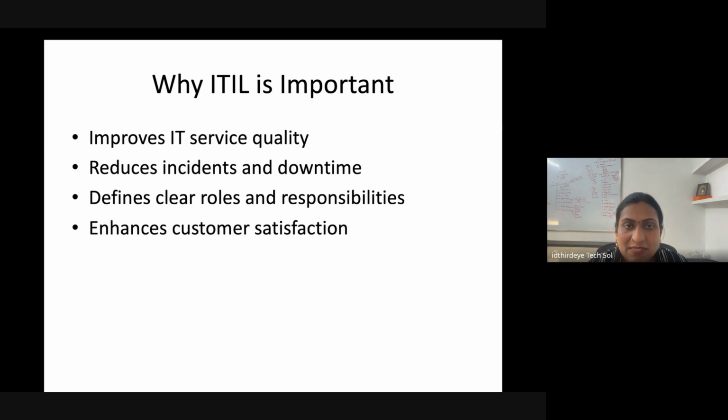By implementing ITIL, it improves the service quality. If you manufacture something and just sell it without getting customer opinion, without knowing whether the quality of the product is good or not, you will not be able to improve. So they create a channel: a department manufactures a product, a department tests its quality, and then a department sells it, and the customer buys it.